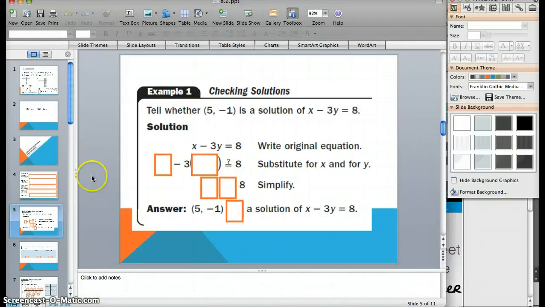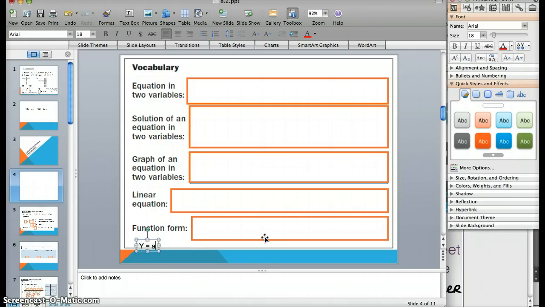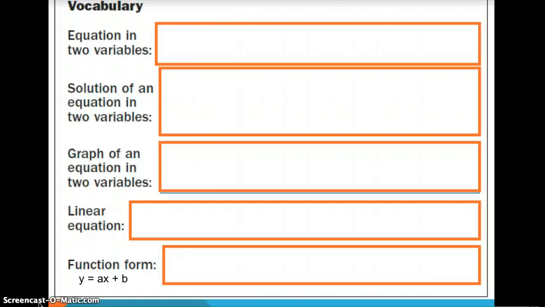I'm going to write that in for you so you have it back at function form. Y equals ax plus b. Take those additional notes. So you're going to solve for y in function form so it looks exactly like that. Y equals ax plus b. I'll be looking for that function form note in your note-taking guide.